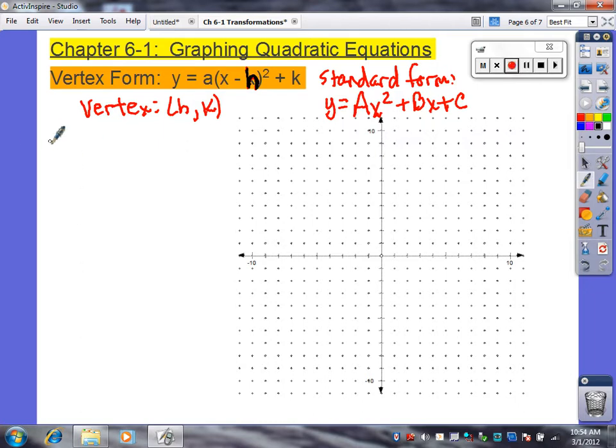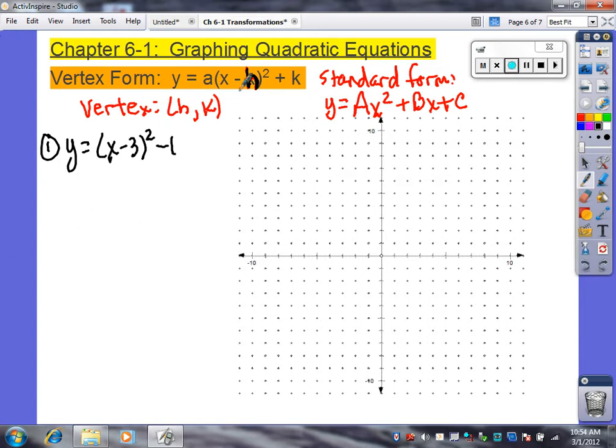Problem number 1 is y equals x minus 3 squared minus 1. I'm going to go through all the processes we did before. First we always find the y-intercept. Actually, let's not do that first, because that's harder, and it's not -1, so I don't want you to think that it is.